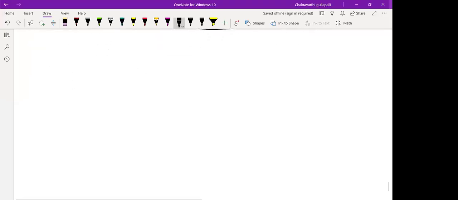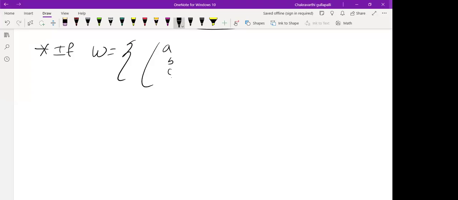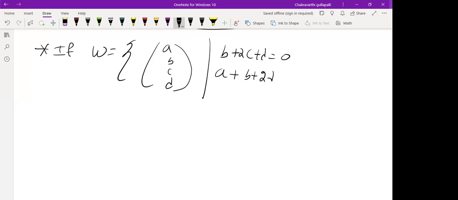So if W is the set of all (A, B, C, D) such that B plus 2C plus D is equal to 0 and A plus B plus 2D is equal to 0. Let us see.